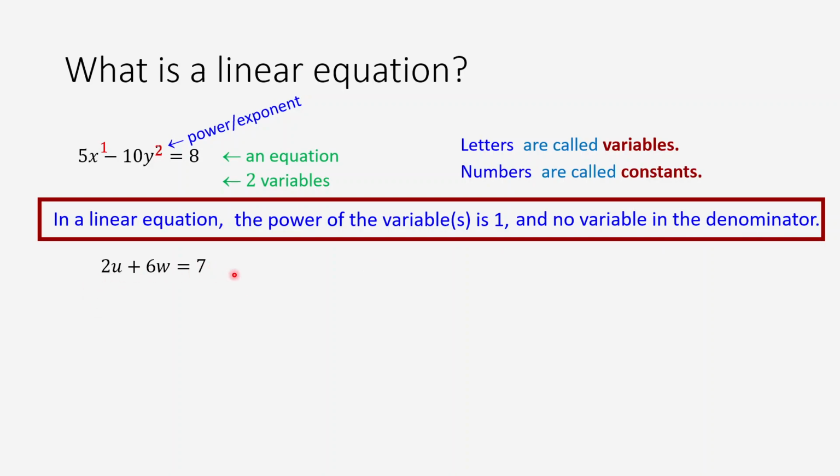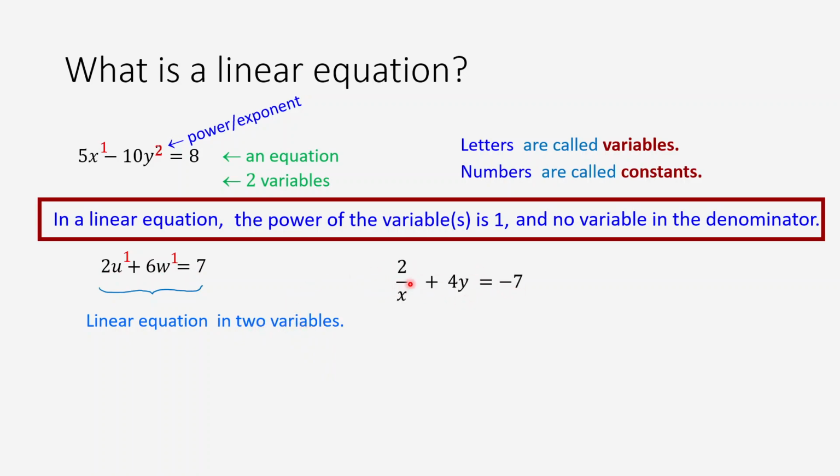In this equation, u and w are the variables and the power of u is 1 and also the power of w is 1 and there is no variable in the denominator. So this is a linear equation. Since there are two variables, this is a linear equation in two variables.